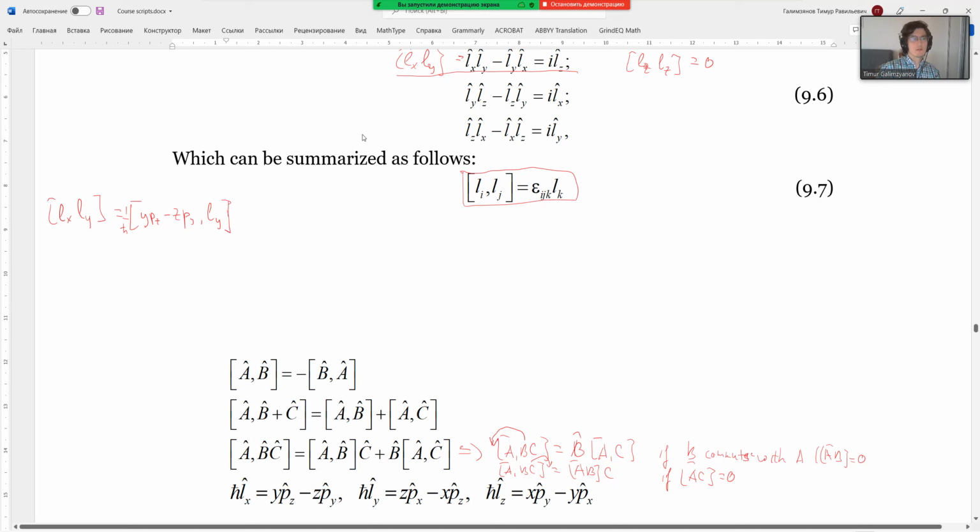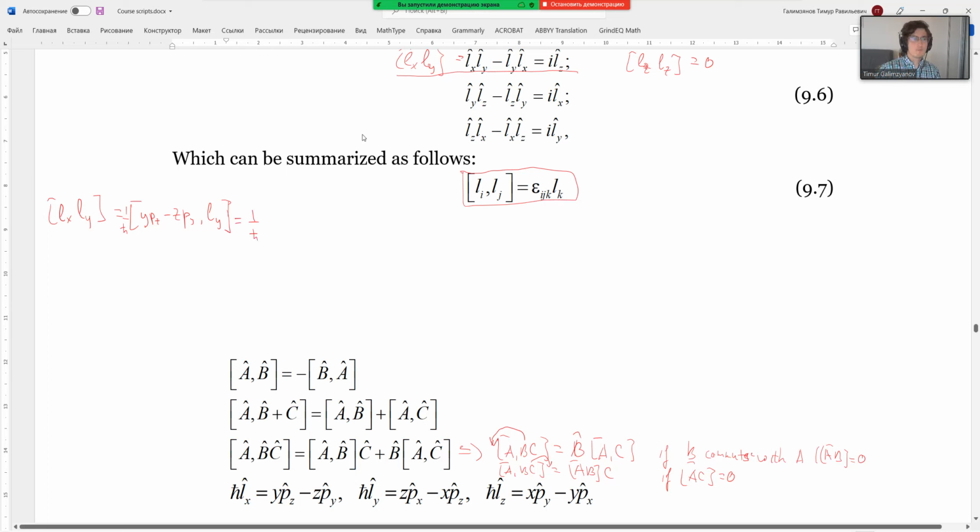You see, we do not need to express Ly because we already have expressions for the commutator between Ly and py and z and all these terms. This is why we do not need to express Ly in terms of coordinate and momentum to calculate this commutator. This calculation is much easier than if we decompose Ly.